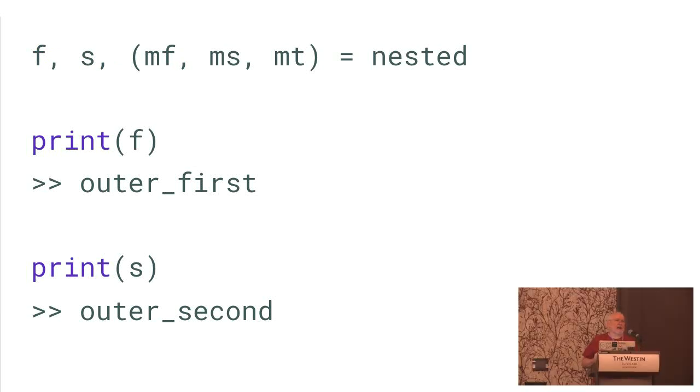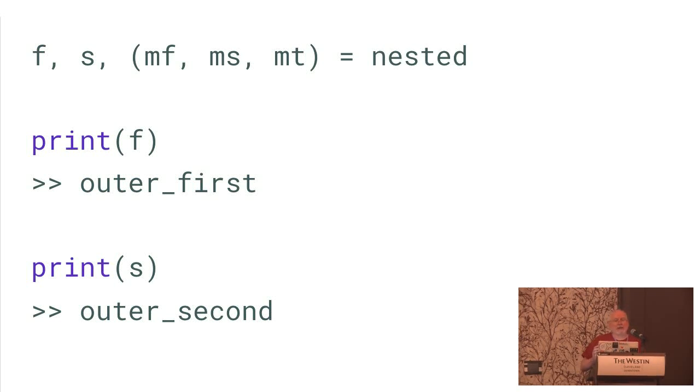But if we change our syntax here, so now we have f and s, pardon the single-letter variables, it's getting hard to fit everything on the slide. So f and s for the first and second, and now where we had that third, we have a set of grouping parentheses and three more variable names. So if I print my f and s, those are just the first two strings in that outer list.